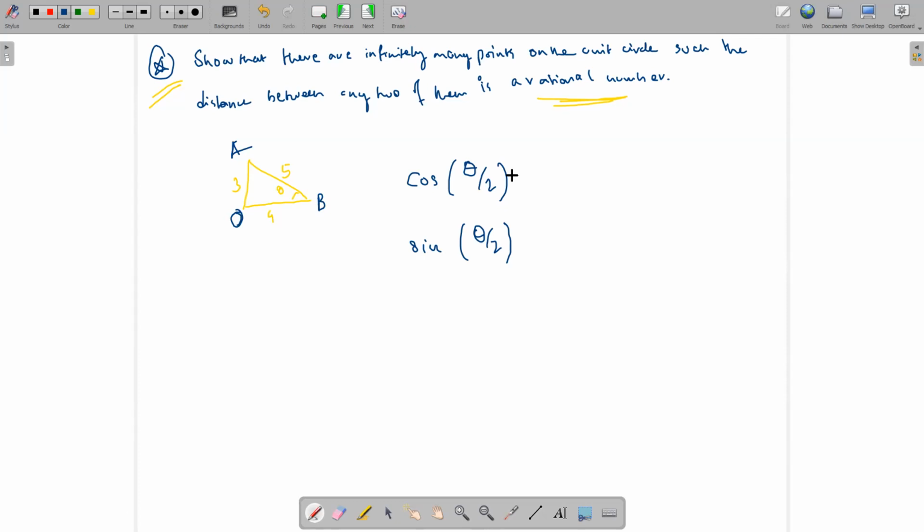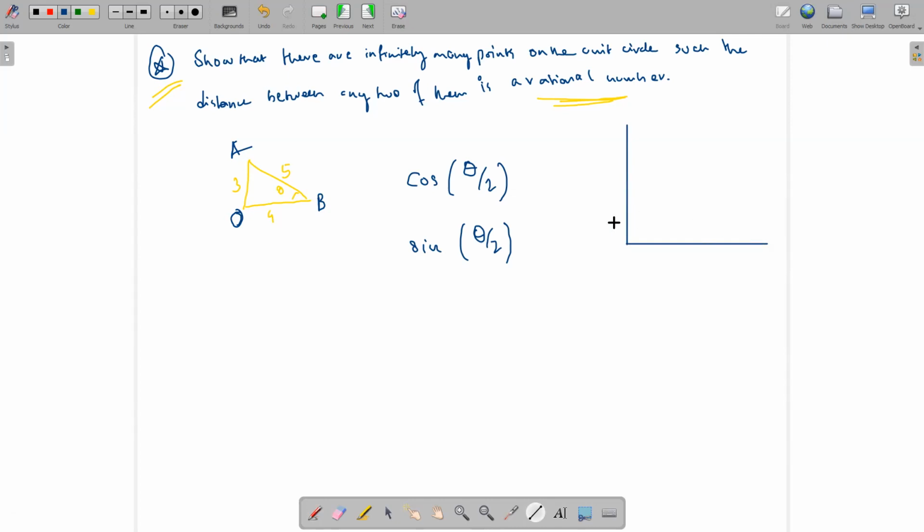Okay, I understand what you're saying, you're correct, but for the others to be more clear, let me present it in this way. 3, 4, 5 is a good triangle to start off with.